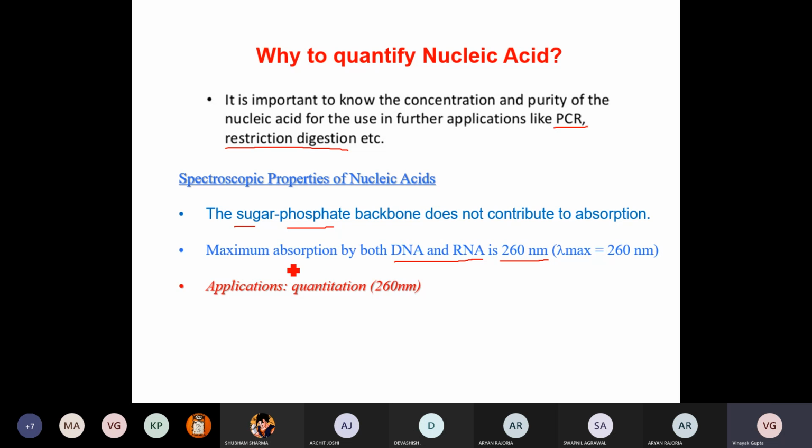This absorption of UV light is mediated by the bases. Sugar and phosphate are not going to contribute anything with respect to the absorption. So this is a very basic property: adenine, guanine, cytosine, and thymine, the purine and pyrimidine bases, absorb light at 260 nanometer very precisely. So we are going to use an instrument which is called a spectrophotometer.